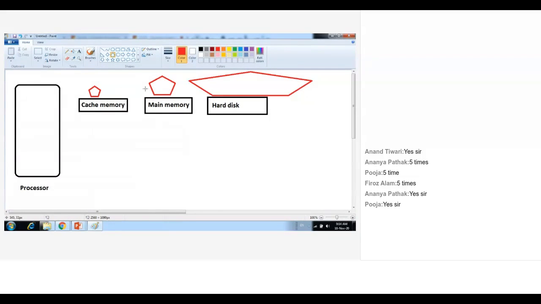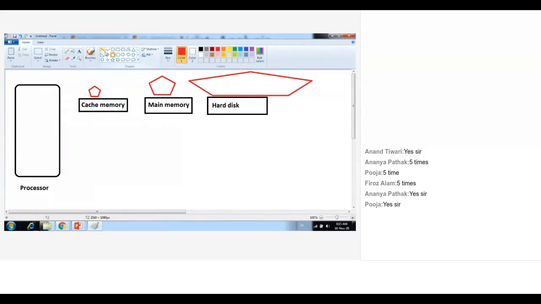So you have to look at a very large container to find out if Ananya is there in the hostel or not, right? And if she is not there, then you have to look at her native place. If she has gone home for the holidays, that is a very large container, your hard disk. Of course Ananya is at her home, so Ananya will be requested to come over here.